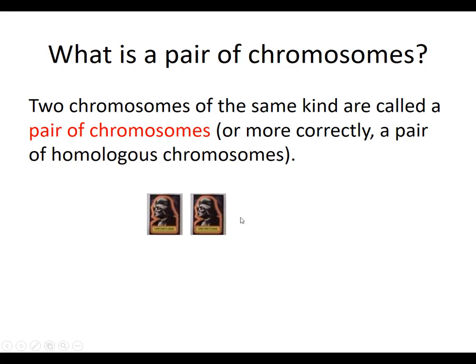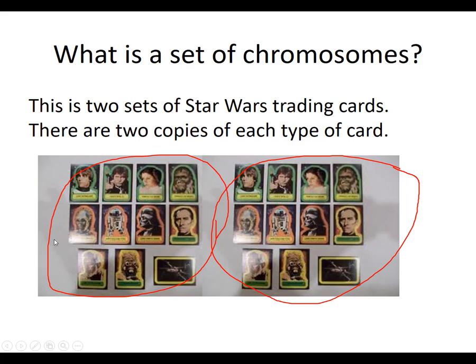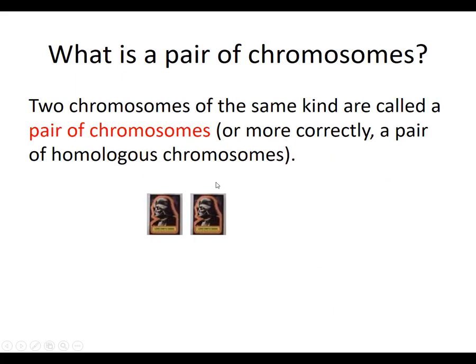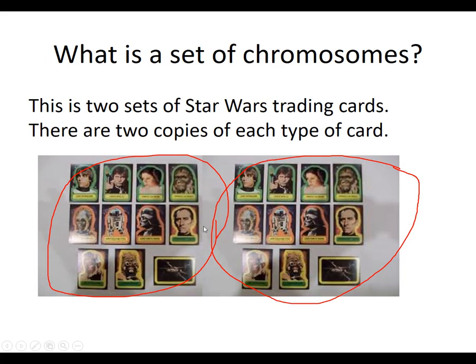Because what you mailed them was a pair, which is 2 cards, not 2 full sets. Or if you promised them 1 set and you just sent them a pair, they would still be angry. Okay, so a pair is just two of the same type, but a set is one of every different kind. And two sets would be two of every different kind.